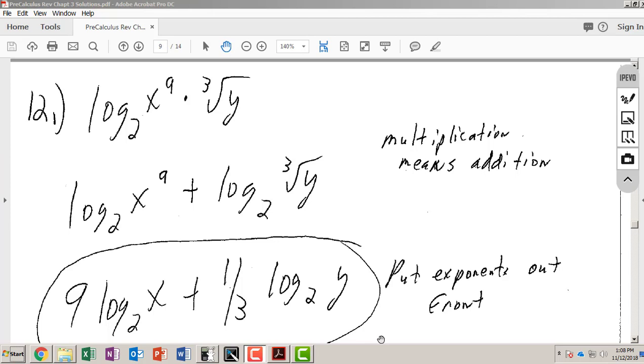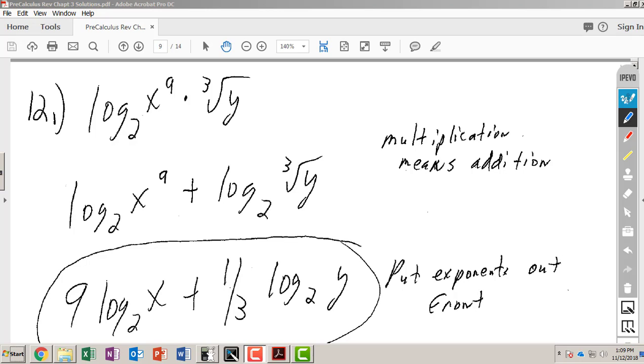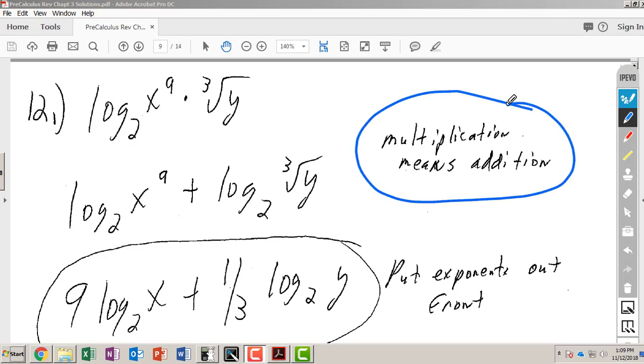On problem number 12, the directions say use the properties of logarithms to expand the expression. Assume all variables are positive. It gives the problem log base 2 of x to the 9th times the cube root of y. We need to remember that multiplication means addition. Everywhere I see a multiplication sign, I'm going to put an addition.